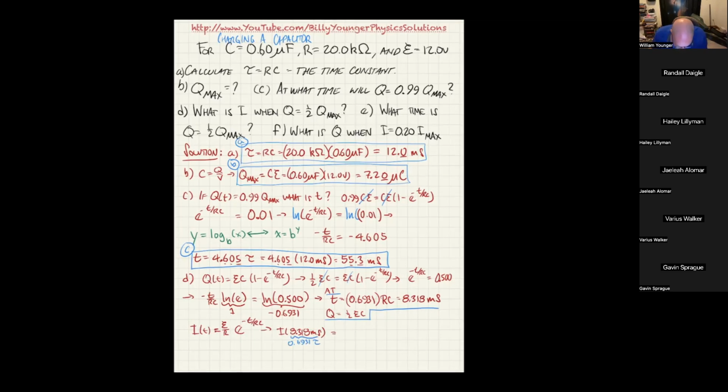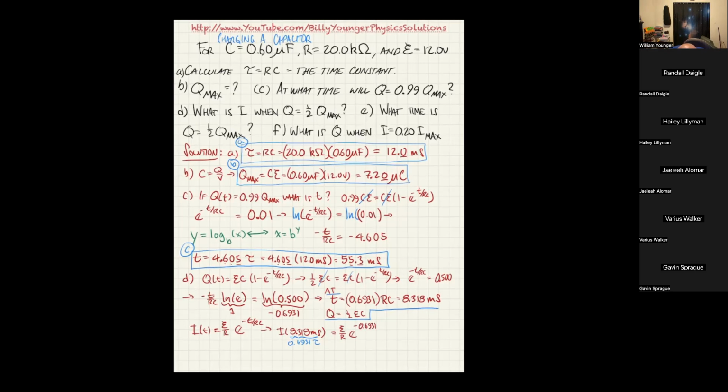That is going to equal 1/2 E over R, basically, because we're going to take E over R and raise e to the negative 0.693, because t is going to be 0.6931 times RC, and then the RC is going to cancel out, so it's negative 0.6931. And if you put that in your calculator, you'll see it's exactly 1/2.